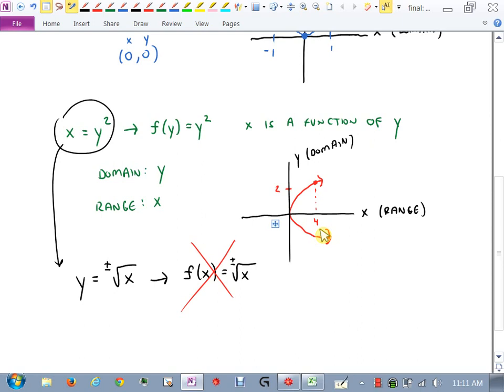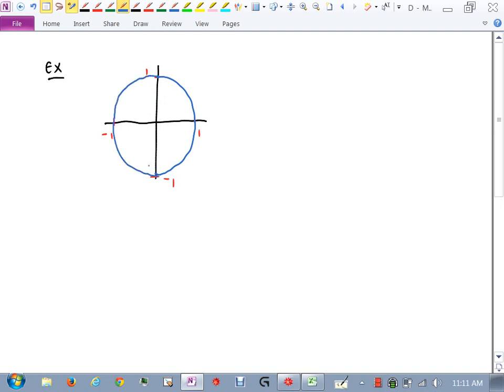Make sense? Okay, so let's look at the challenge that we have here. On this example, I'm going to give you the graph. Here's 1, here's 1, here's negative 1, here's negative 1. Here's a graph. Sorry, not my best circle.